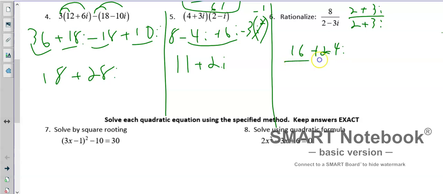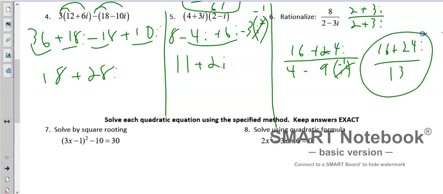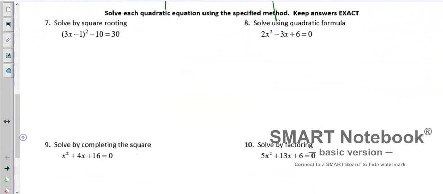On the bottom, I just have to do first and last. 2 times 2, always minus, 3 times 3, and then i squared, which is really negative 1. We're just going to make the 9 positive, which gives me 13. So 16 plus 24i over 13. And since none of those will reduce, that's my answer.